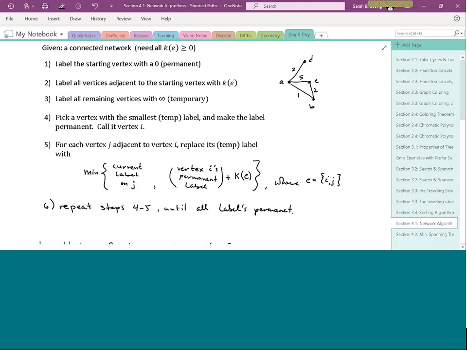It depends, and it could be none of those two. So the question is, in steps 4 and 5, are temporary labels equal to either infinity or the weight on the individual edge? And the answer is, if this vertex I was one of your original vertices adjacent to the starting vertex, it would start off being whatever that edge value was.